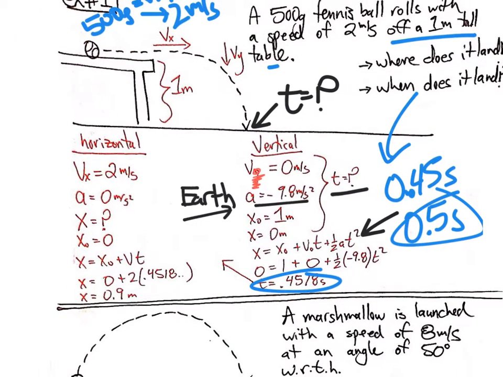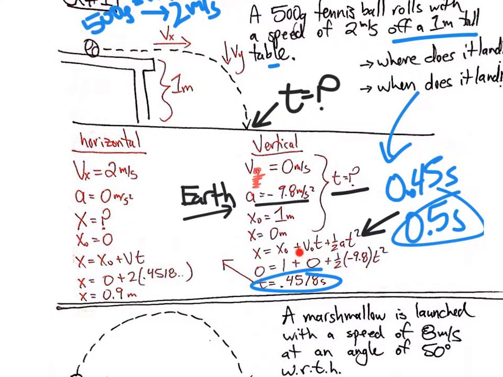And how far does it go? Notice how we used information that we got from the vertical motion, the time, to figure out how far it actually goes. So we know it's moving to the side with this speed, 2 meters per second. We know it's in the air for 0.4518 seconds. And so notice how I can use the simple equation. This is just distance equals rate times time that you've been using since 5th grade or whatever.